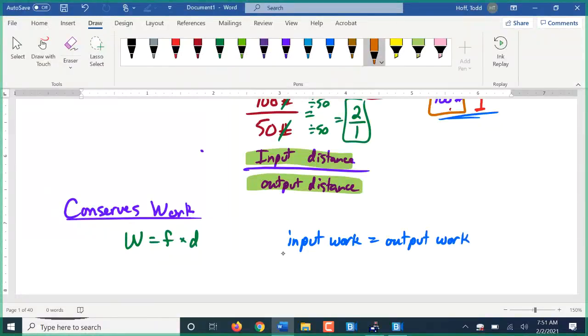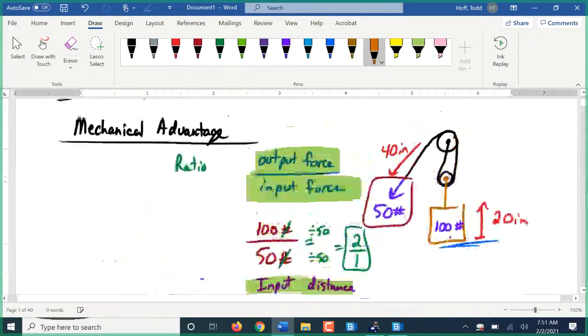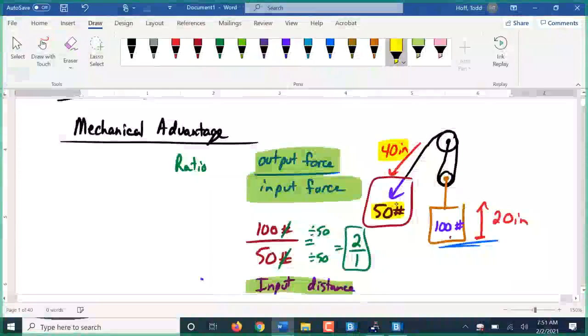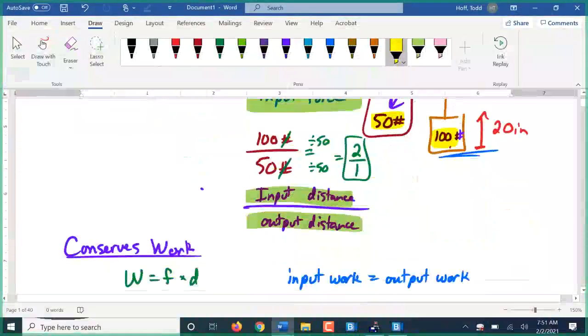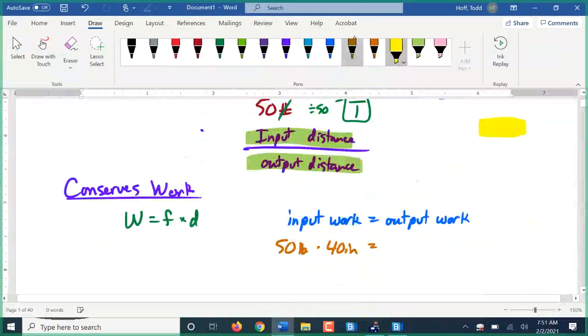Well, the input work was a force of 50 pounds times the distance of 40 inches, right up here. The output work was 100 pounds times the distance of 20 inches.